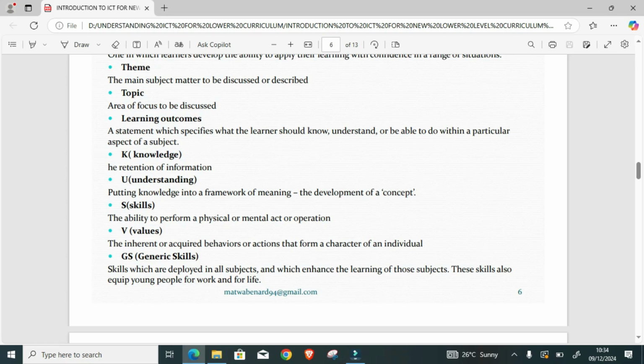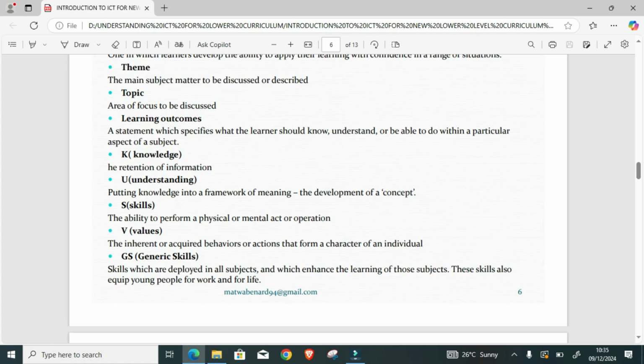Values, V, is the inherent or acquired behaviors or actions that form the character of an individual after learning something, the impact it brings to you, and how you portray it. For example, someone learns ICT and begins using computers easily. You have gotten some value.